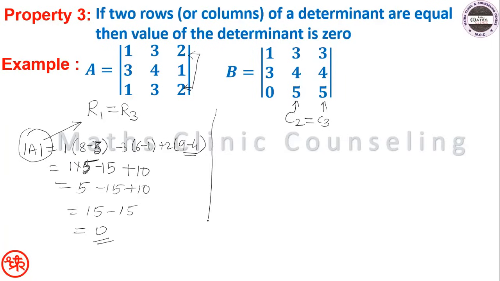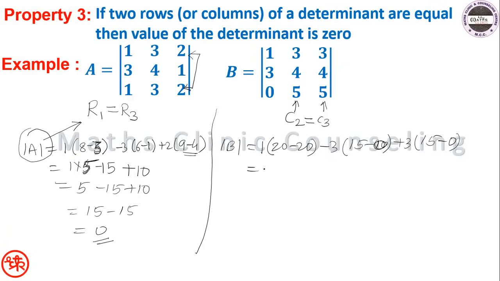Now we check another, B. So determinant of B is equal to, let us see, 1 multiplied by 4 into 5, 20 minus 4 into 5, that is 20 minus 20, minus 3 multiplied by 15 minus 0, sorry, plus 3 multiplied by 15 minus again 0.